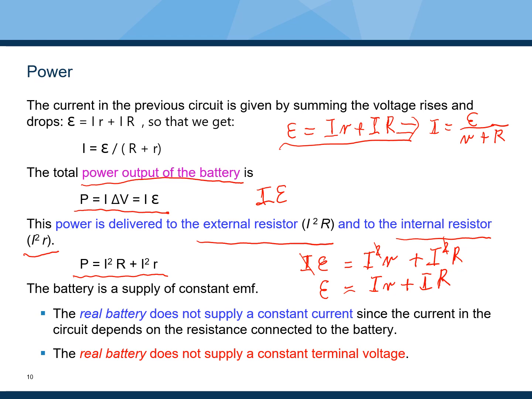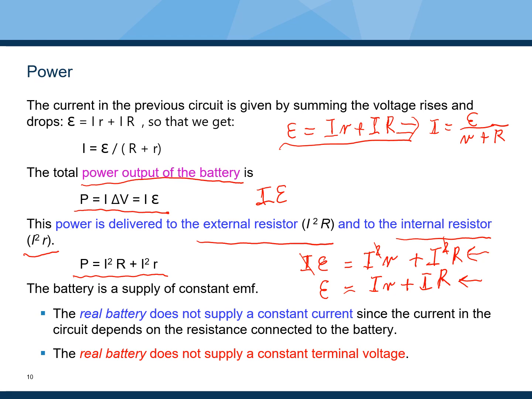So realize that talking about power is equivalent to talking about the voltage changes in the circuit as we go through that circuit. Power refers, of course, to the time rate of change of energy. The voltage refers to just keeping track of the voltage changes in the battery.